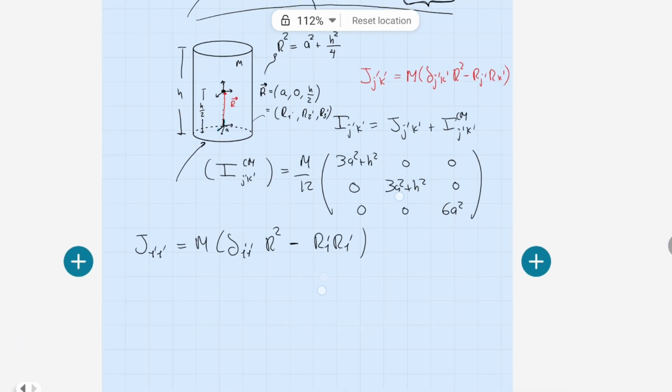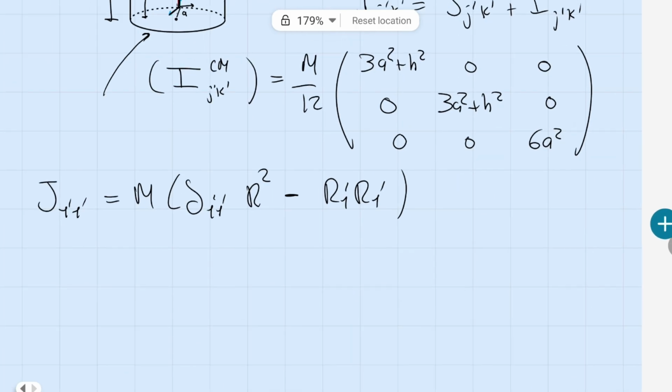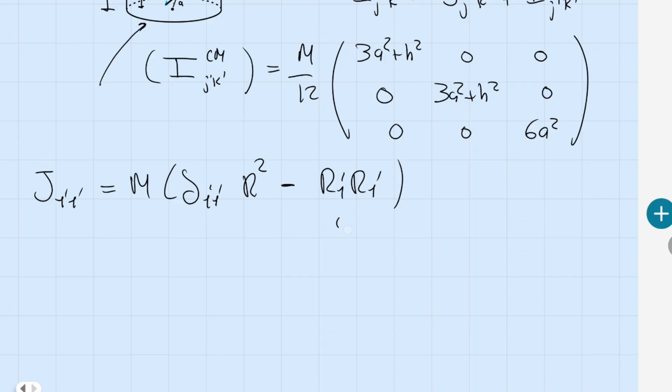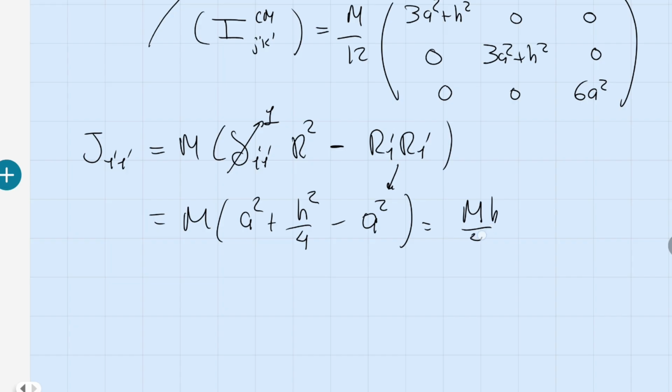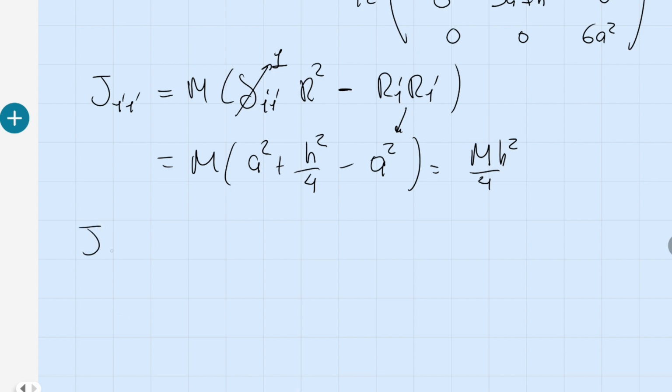So r1 r1 is going to be a squared. So we have m times 1, and r squared is a squared plus h squared divided by 4, minus a squared, like we mentioned, and this is equal to m divided by 4 times h squared. Perfect. So this is J11. Let's see what happens with J22.